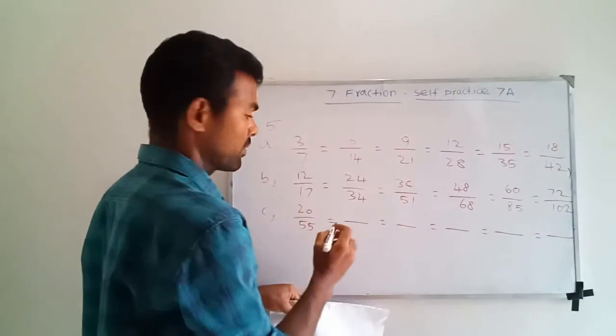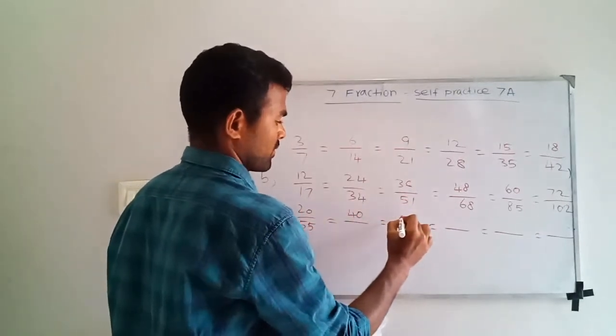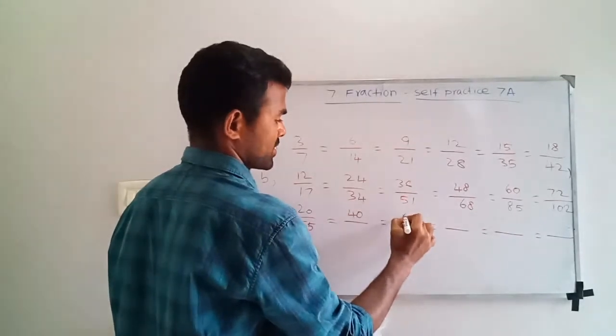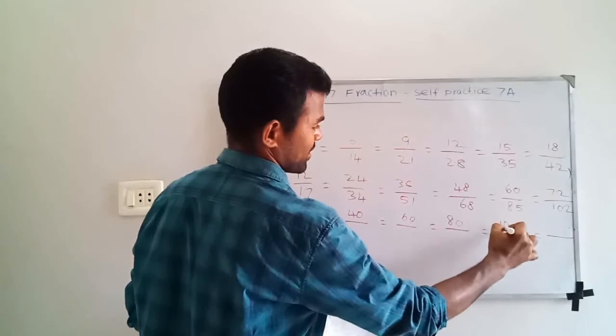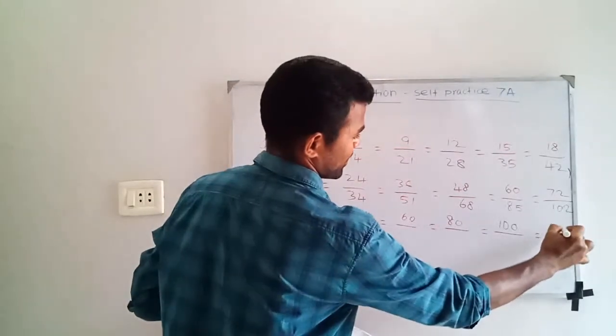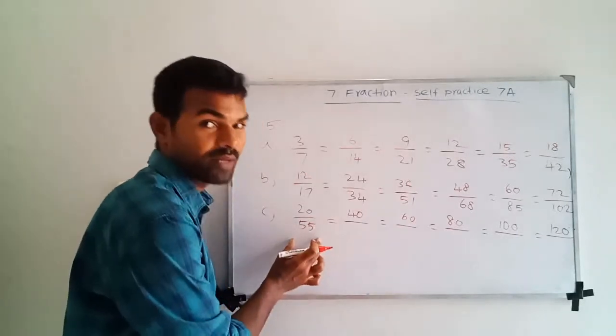Yes, the 20 table: 20, 40, 60, 80, 100, 120. And next, write downside the 55 table.